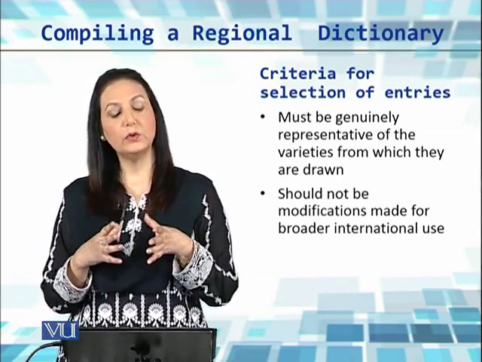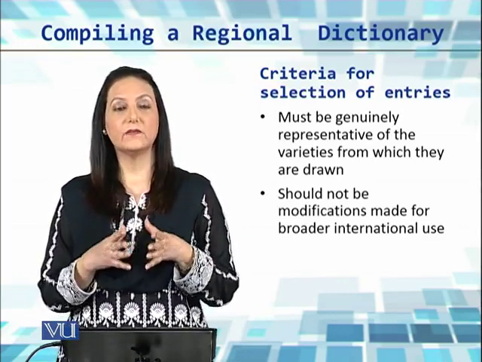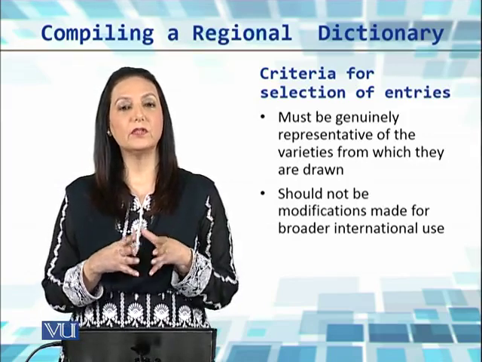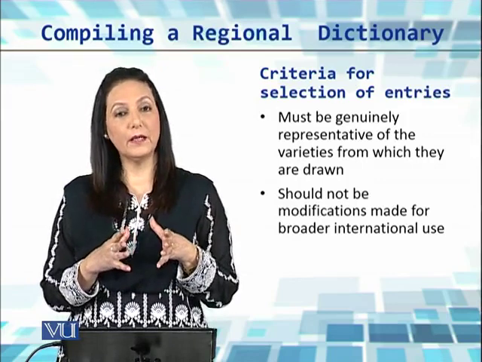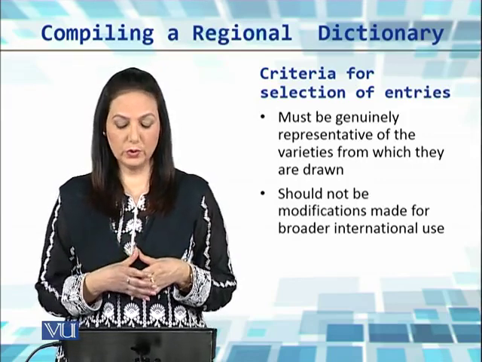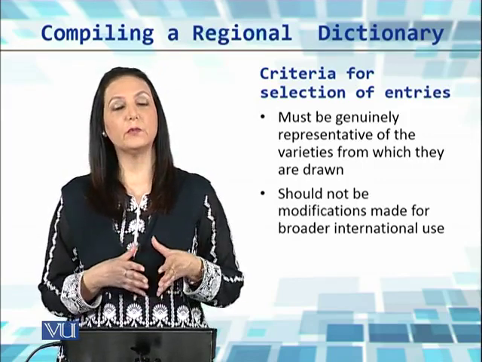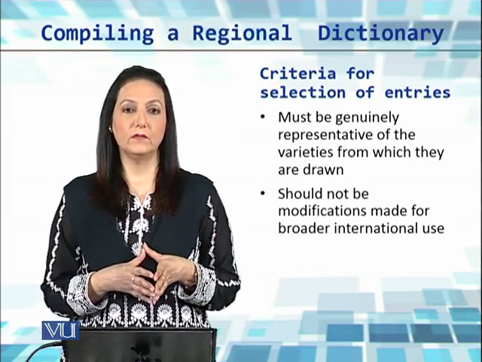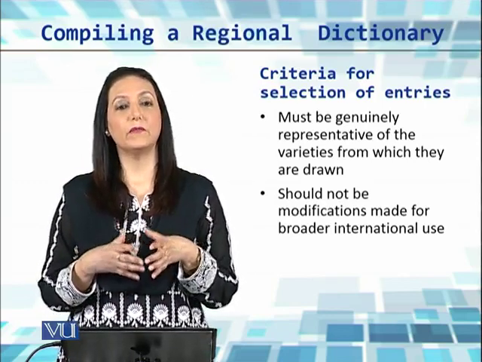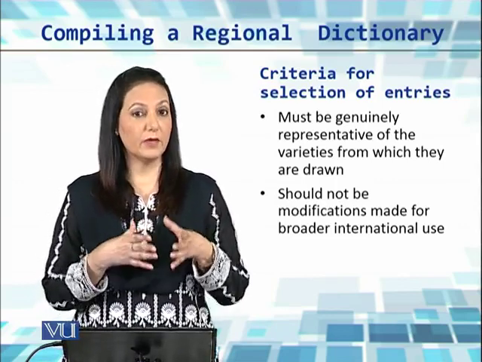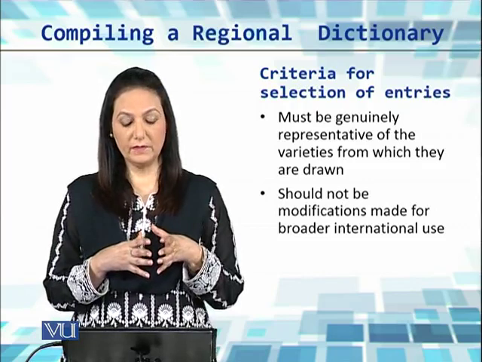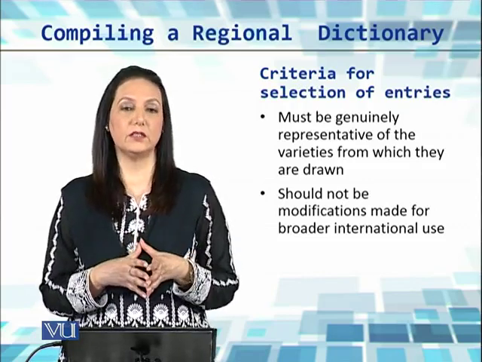So the entry should genuinely represent the varieties from which those entries are drawn. And care must be taken that these entries should not be modifications made for broad international communication. For example, if for the sake of convenience a modification and innovation is made temporarily, one must be very careful in not selecting such an entry.